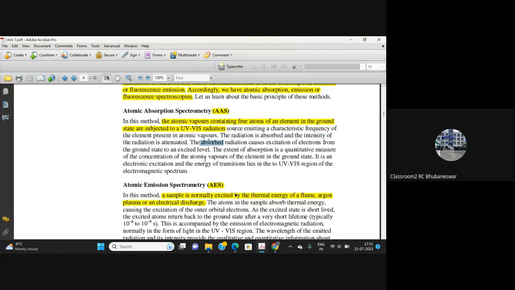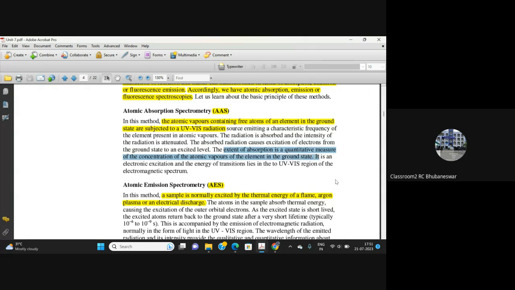The absorbed radiation causes excitation of the electrons from the ground state to the excited state. There is absorption of certain radiation, similar to molecular spectroscopy. Here also there is excitation from ground state to excited state. So the extent of absorption is a quantitative measure of the concentration of atomic vapors of the element in the ground state.